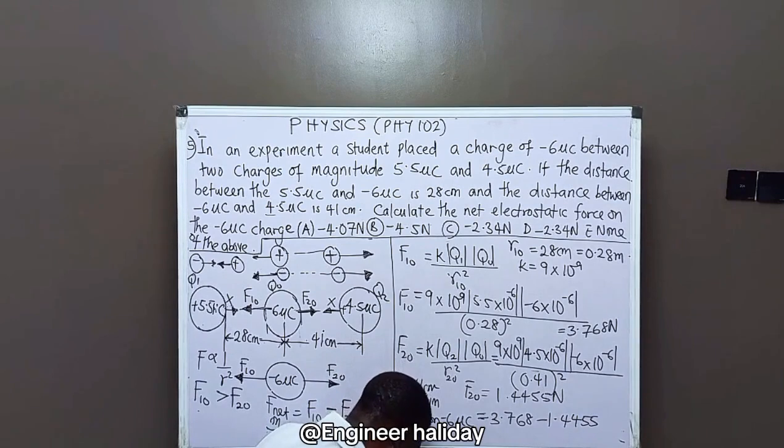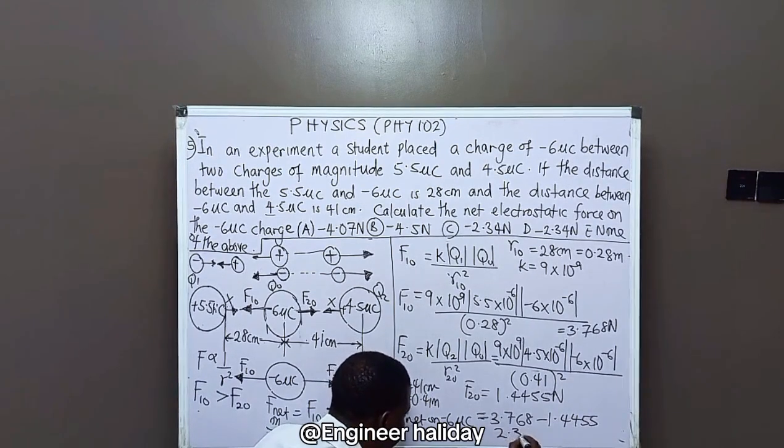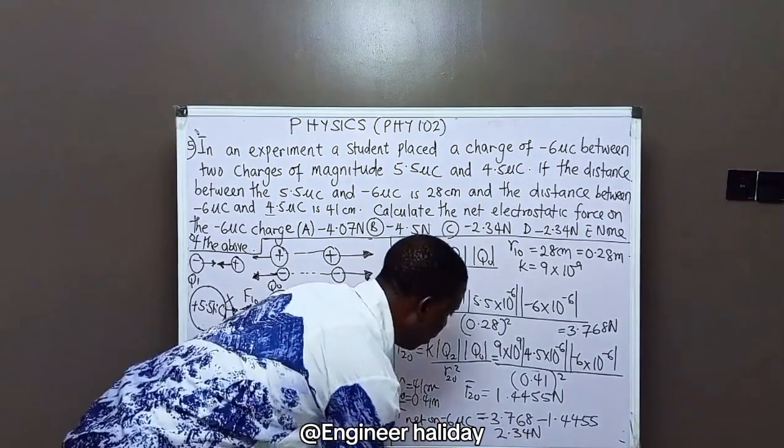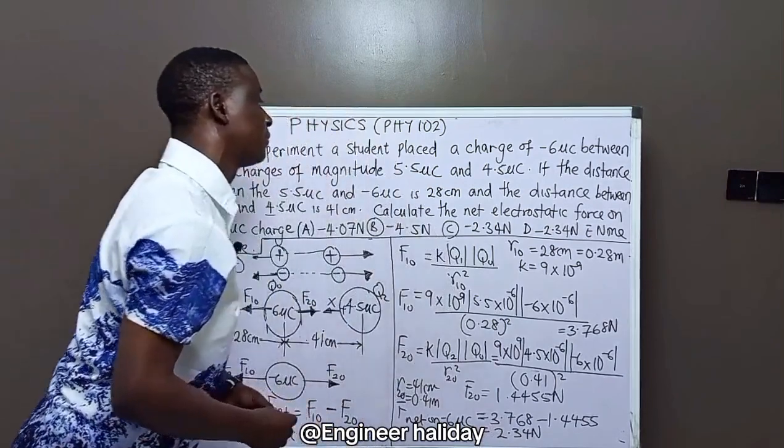If you do your calculator very well, you would have 2.34 Newton. Now, that is not our final answer.